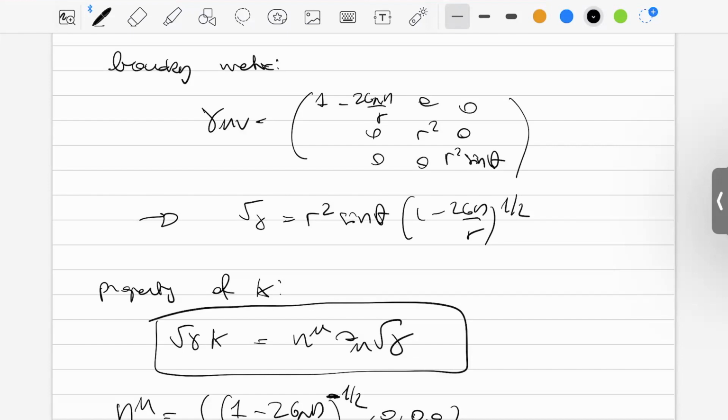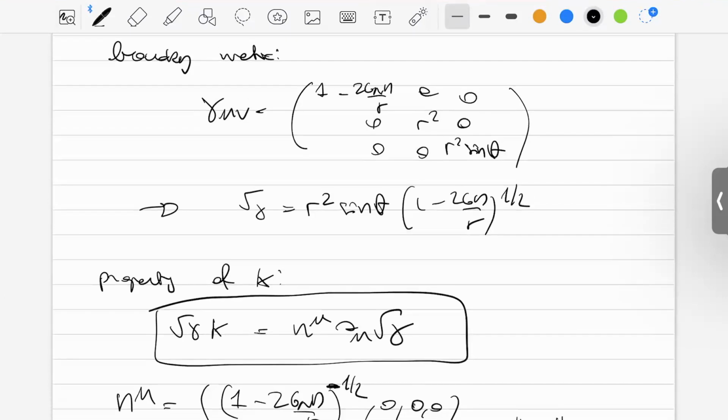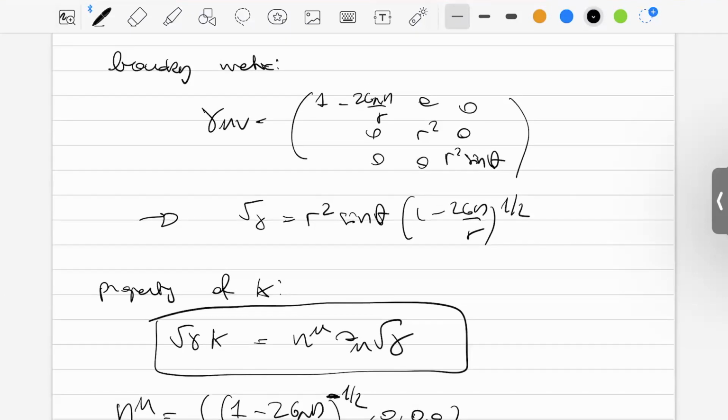And also in the last line, k by definition is the thing you wrote there, right? And if you want to multiply by another square root gamma, then you have to get an extra factor. So you are talking about this? Yes. So this is the property of k that one can show.